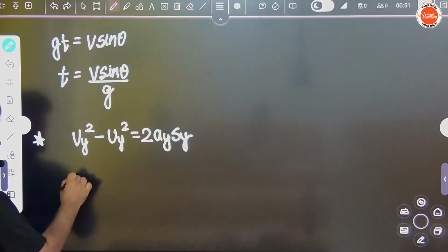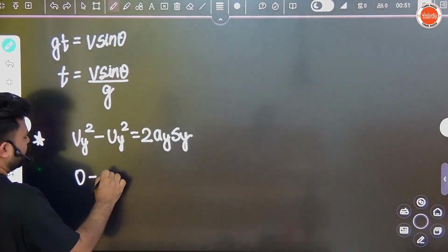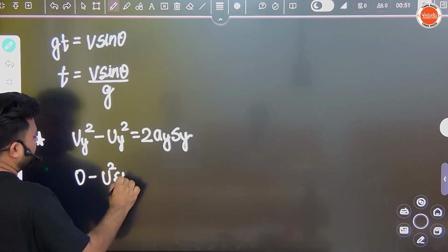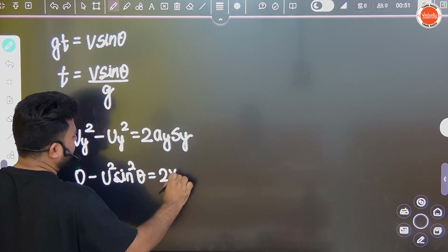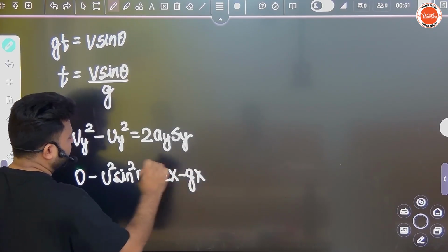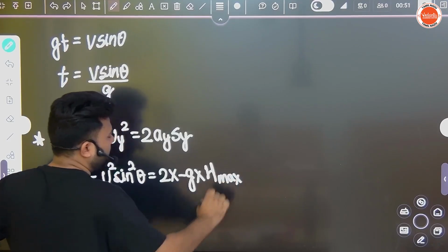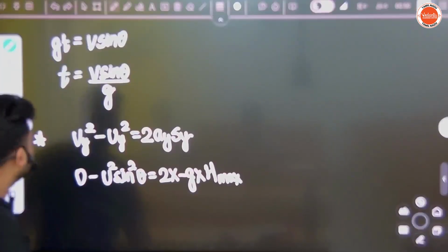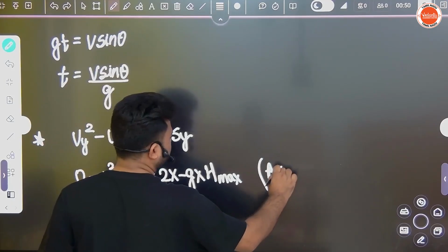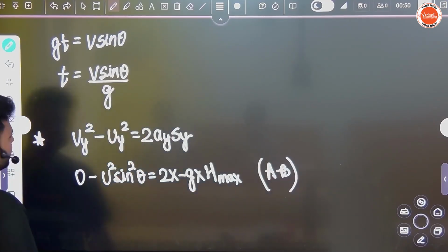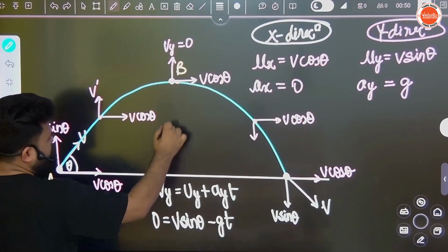So final velocity in y direction is 0. Initial velocity in y direction is u sin theta. So u square sin square theta equals 2, acceleration in y direction is minus g, displacement in y direction suppose h max. We are talking about the A to B journey. So what is the displacement in y direction?